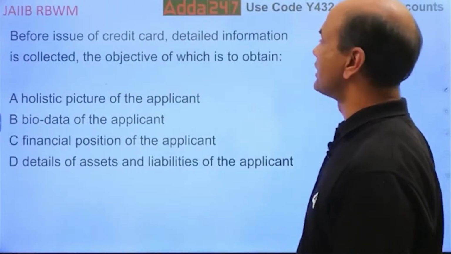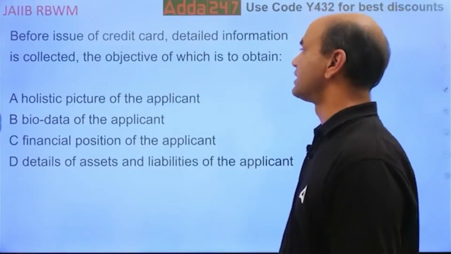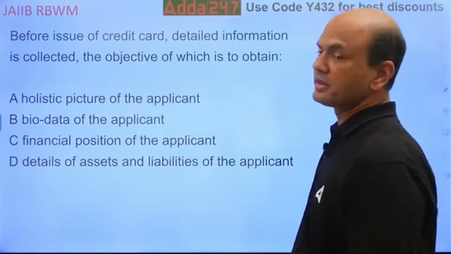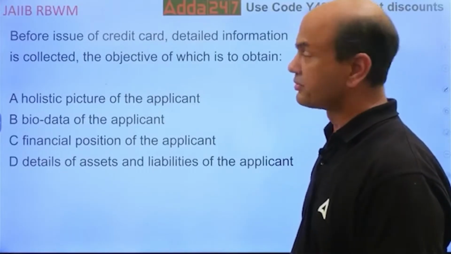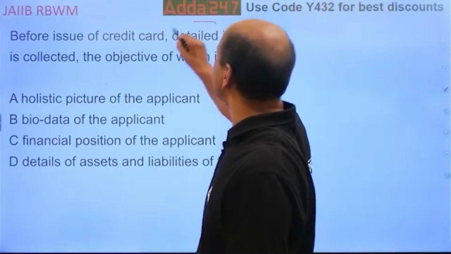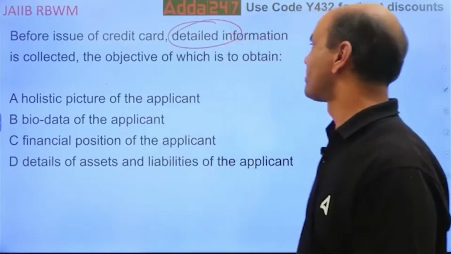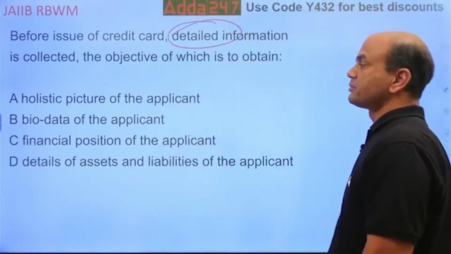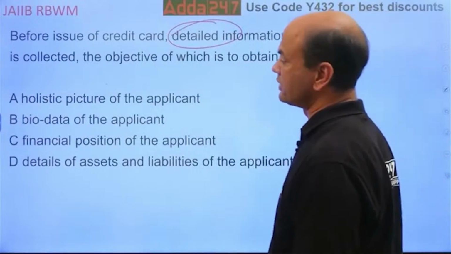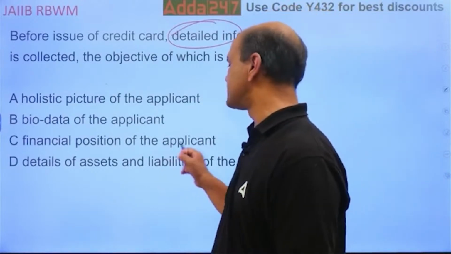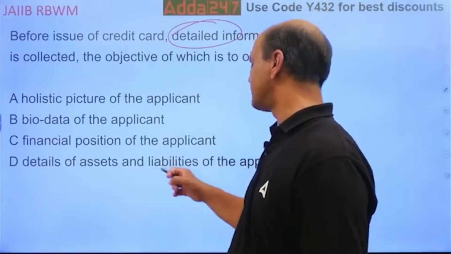Before issuance of the card, detailed information is collected, the objective of which is to obtain. So what is the objective? Why do we have this detailed information? The options are holistic picture of the applicant, biodata, financial position, details of assets and liabilities.